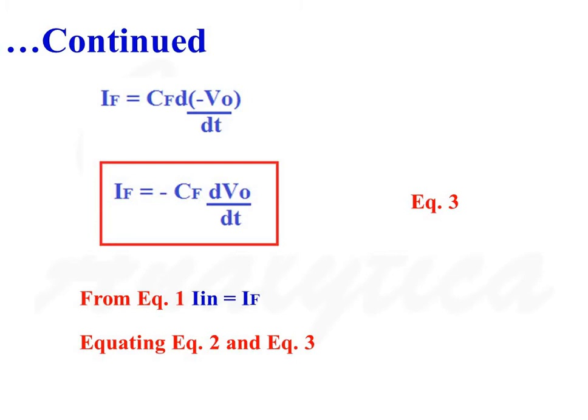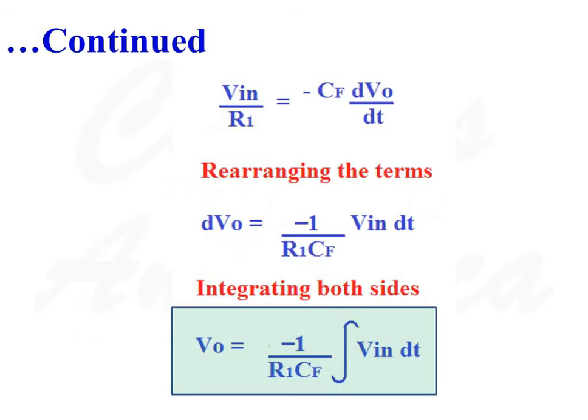From equation 1, we can write In is equal to If. Now let us equate equation number 2 and equation number 3. We will get Vin divided by R1 is equal to minus Cf into dV0 divided by dt.